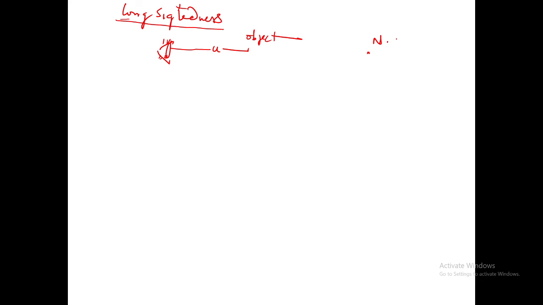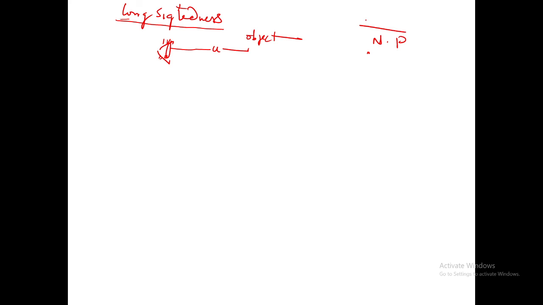Okay, so now we are plotting the case. This is I, this is object. We are dealing with long sightedness. And of course it is U. This is the near point.